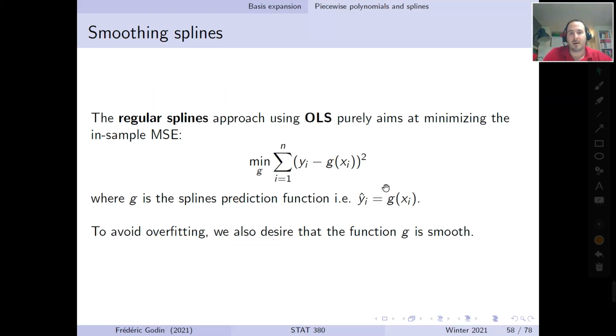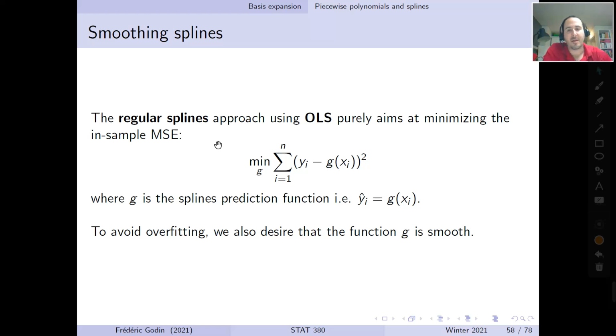If we go back to the splines we've defined earlier, for example the interpolation splines, or the splines defined through the ordinary linear model, then to fit the betas, typically you minimize the in-sample or training mean square error of the observations.